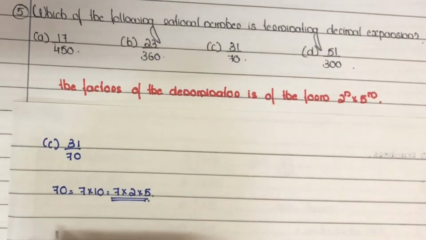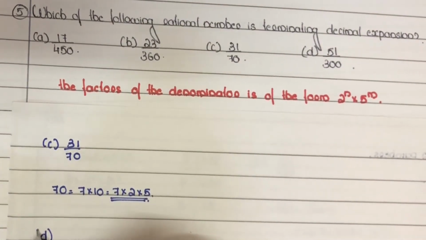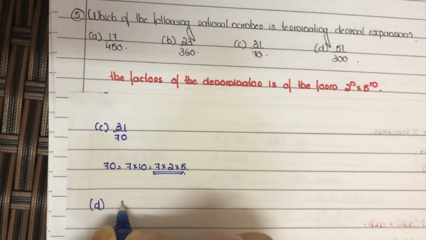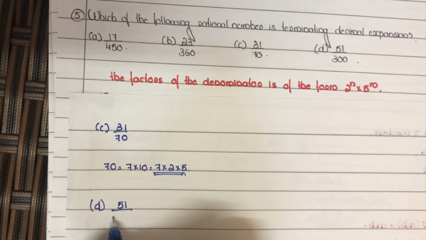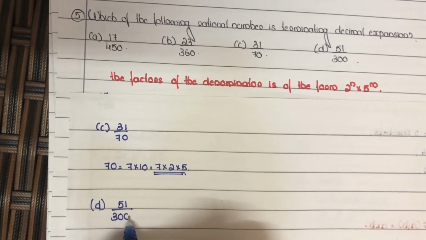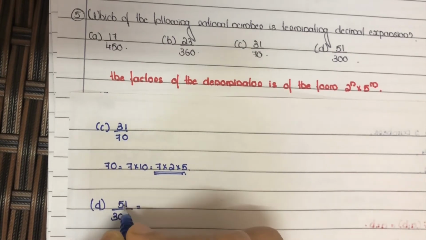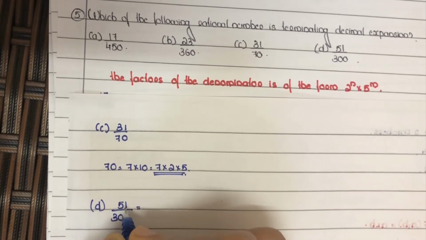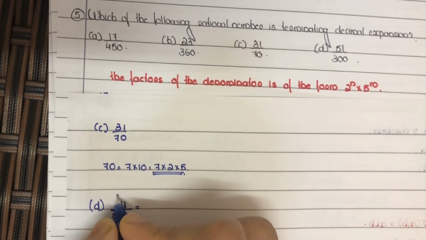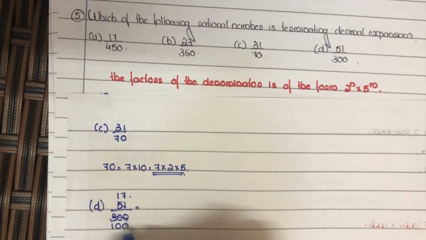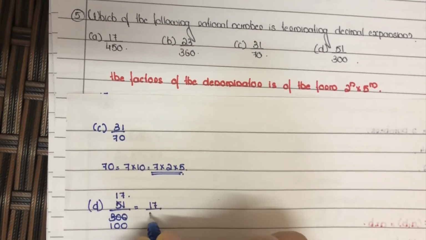Now take option D, 51 by 300. Okay, it is not in the simplest form because 3 divides both numerator and denominator. So divide by 3, it is 17 by 100.